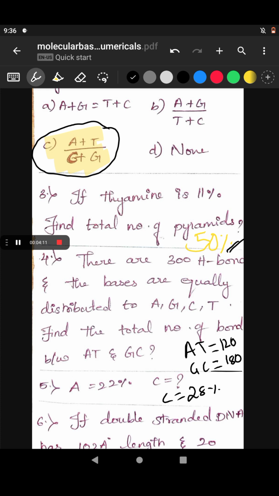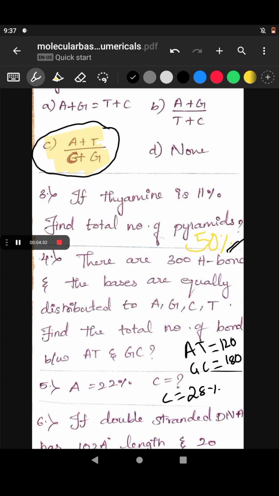Because if you know the total possibility of hydrogen bonds, adenine and thymine will be double bond, 2. Cytosine and guanine will be 3. 2 plus 3 is 5. So if we divide this 300 hydrogen bonds by 5, you get the answer to be 60.